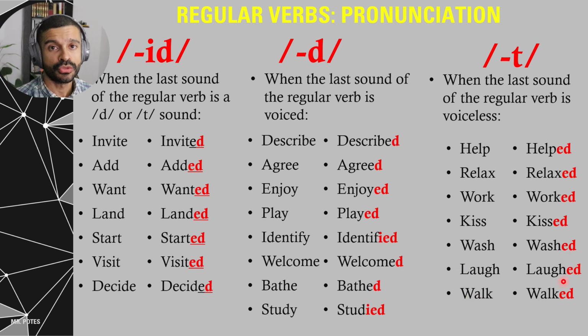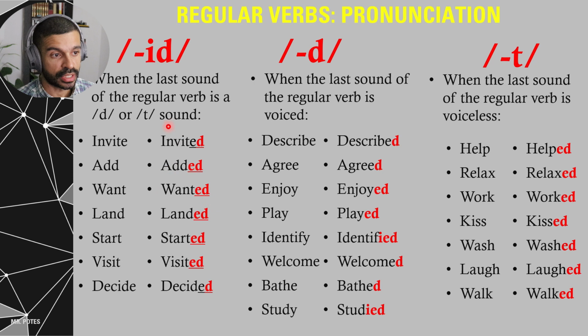Coming back to the note I made at the beginning of this video, this difference between the verbs that sound like D or T at the end is not really relevant when it comes to communication. What really is relevant is to divide the ones in which the letter E is ignored and just focus on the verbs in which it actually is pronounced.